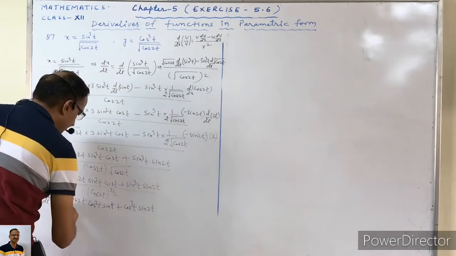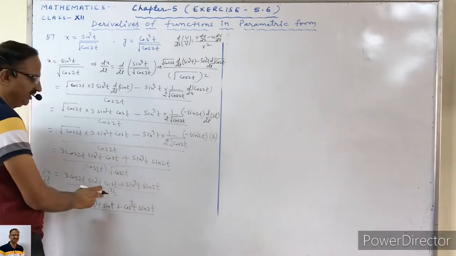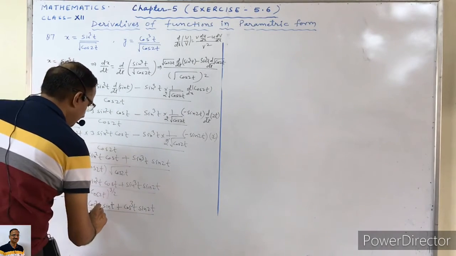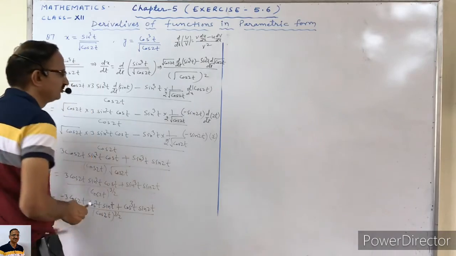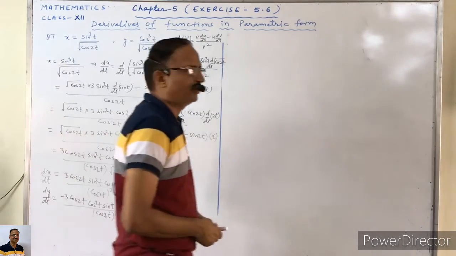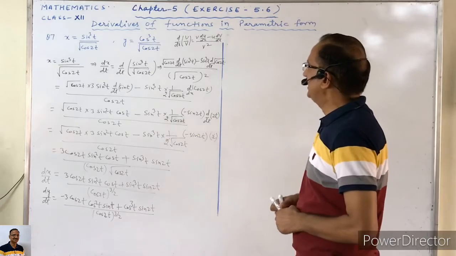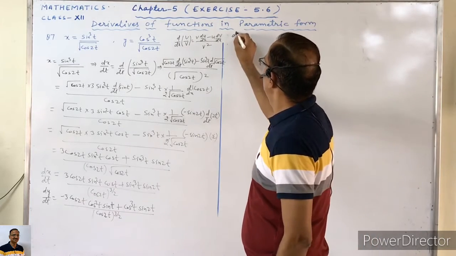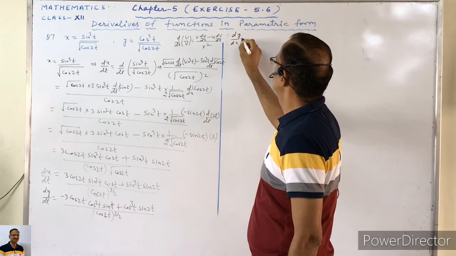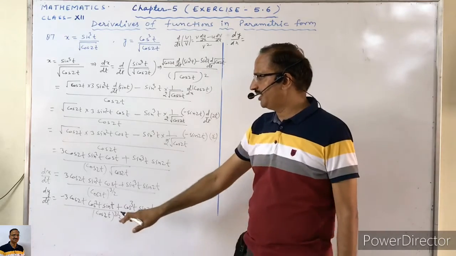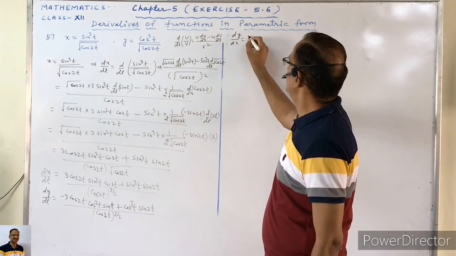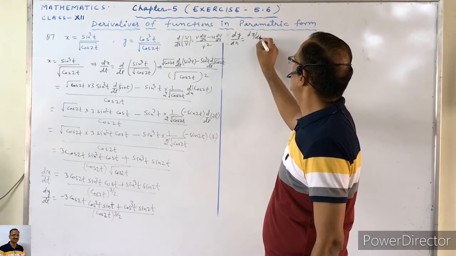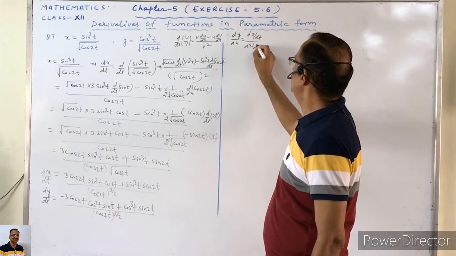In the denominator we have this same term, cos 2t raised to power 3/2. Now we want dy/dx. It means we have to divide dy/dt by dx/dt.